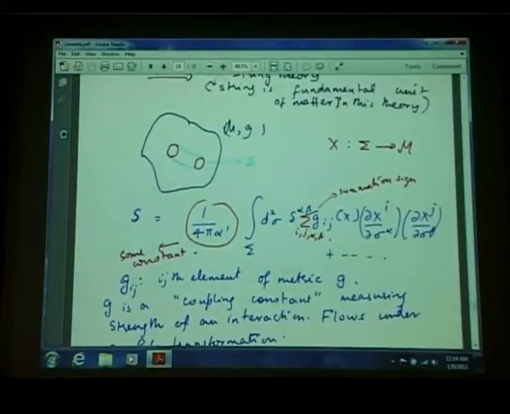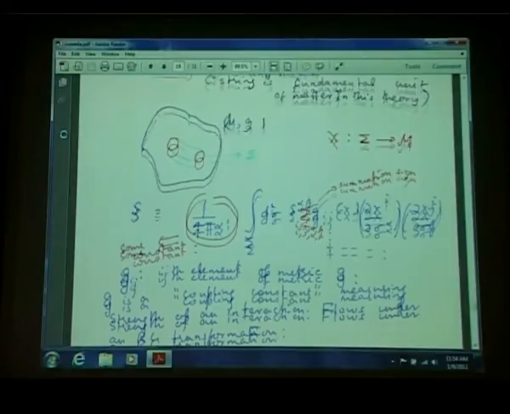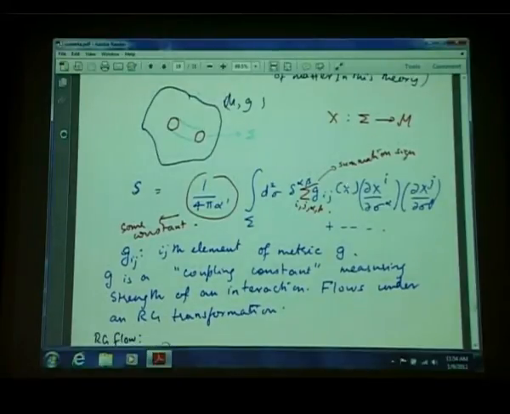Then I can define a partition function for the system starting from this object S, which I actually had in my previous slides. It's just that S looks very complicated for the system. This S is defined on the sheet sigma, and I don't want you to look at the details, just note that Gij, the Riemannian metric of the underlying space in which this string is moving, now becomes like a coupling constant.